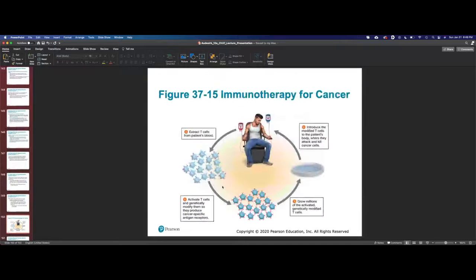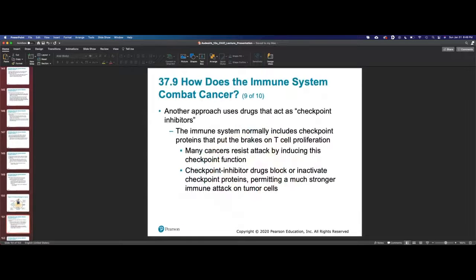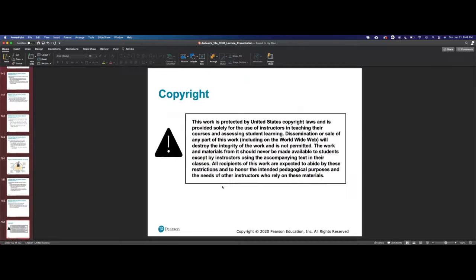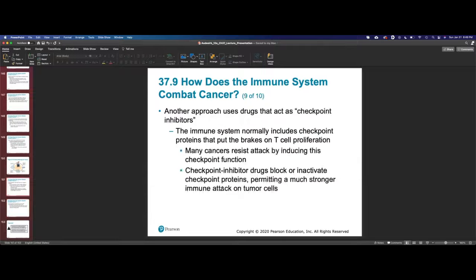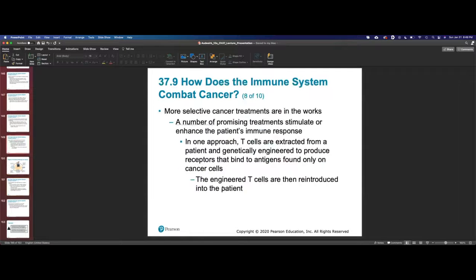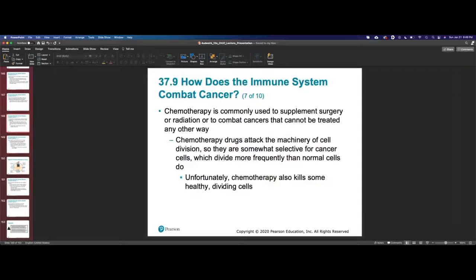Treating cancer, there's all sorts of novel approaches to that, but we really won't get into that. And of course, cancer can also be caused by viruses as well, like HPV, which there's a vaccine for, and HPV causes cervical cancer.